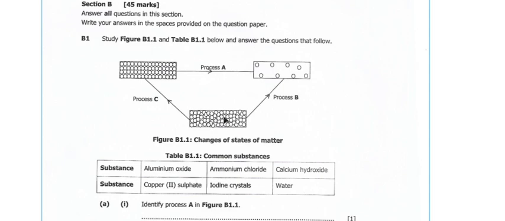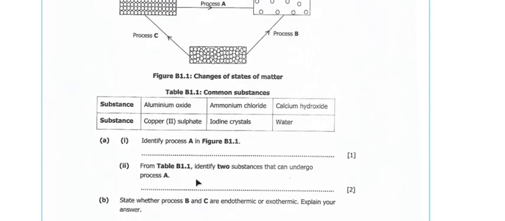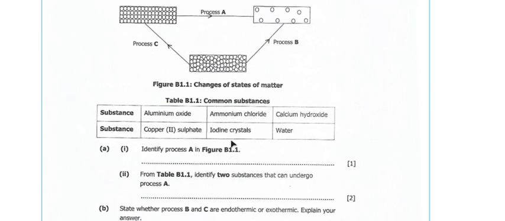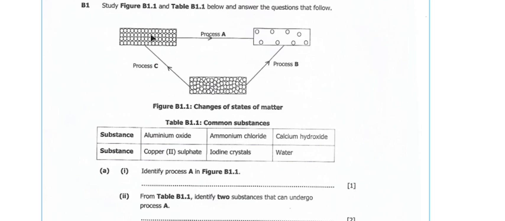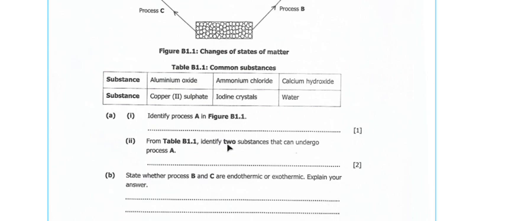So this is for liquid. Okay, let's proceed now. Identify process A in figure B1.1. So this one from solid to gas, and that is sublimation.